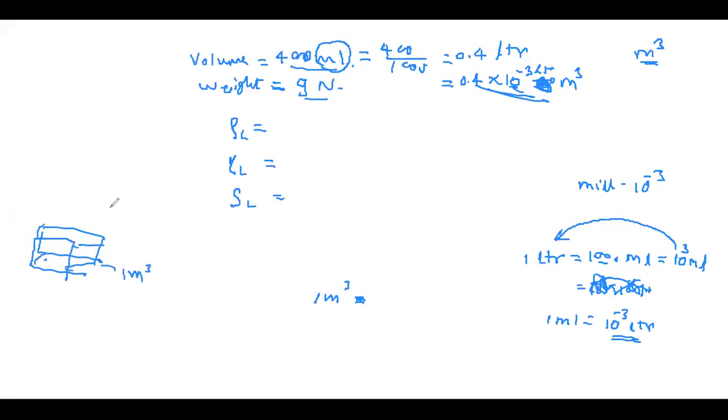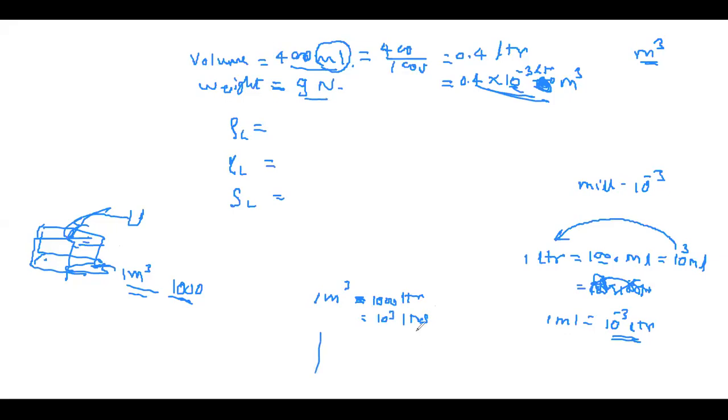And if you put water inside this with the help of a 1 liter can, and go on filling it, it will require 1000 glasses or cans to fill this particular container. Okay, so 1 meter cube is nothing but 1000 liter, or we can write 10 to the power 3 liters.